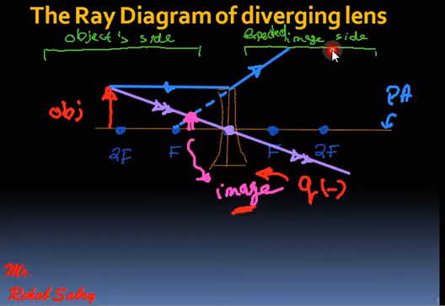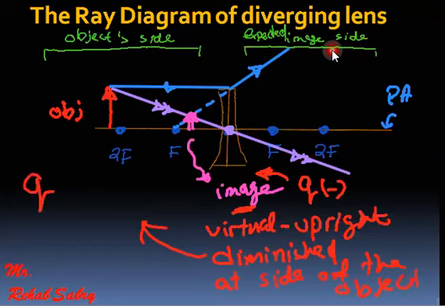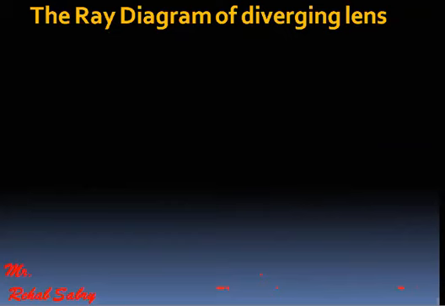The image is virtual, upright, diminished, smaller than the object, and on the side of the object. And because it's on the side of the object, its distance is given the negative sign in the law.